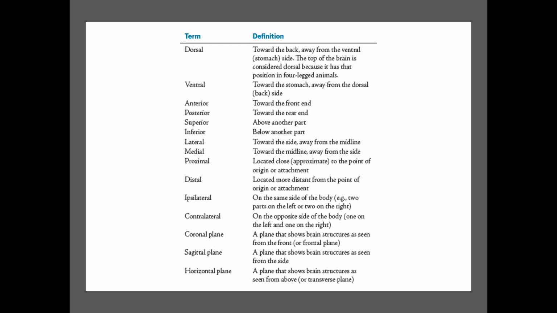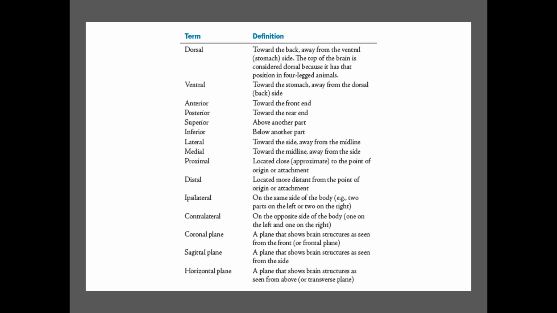Maybe you've heard of the term posterior sometimes in reference to the bottom, right? So it's behind. Whereas things like superior and inferior are relative to other parts of the body. There isn't something that is superior or inferior in the body as a whole, but rather it's going to be relative to some other part of the nervous system.